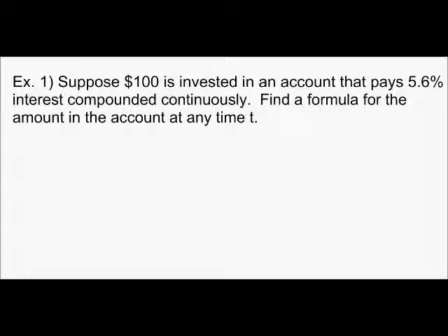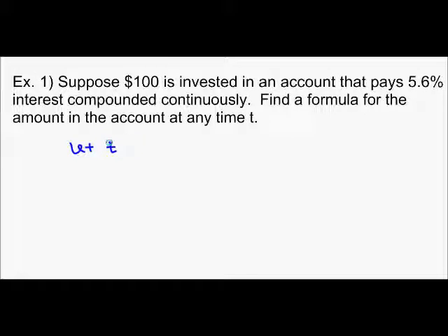Okay. Example 1. Suppose $100 is invested in an account that pays 5.6% interest compounded continuously. Lucky you, you found an account that pays 5.6% interest. Find a formula for the amount in the account at any time t. The first thing I'm going to write here, I'm going to define what t is, even though we already have it there.